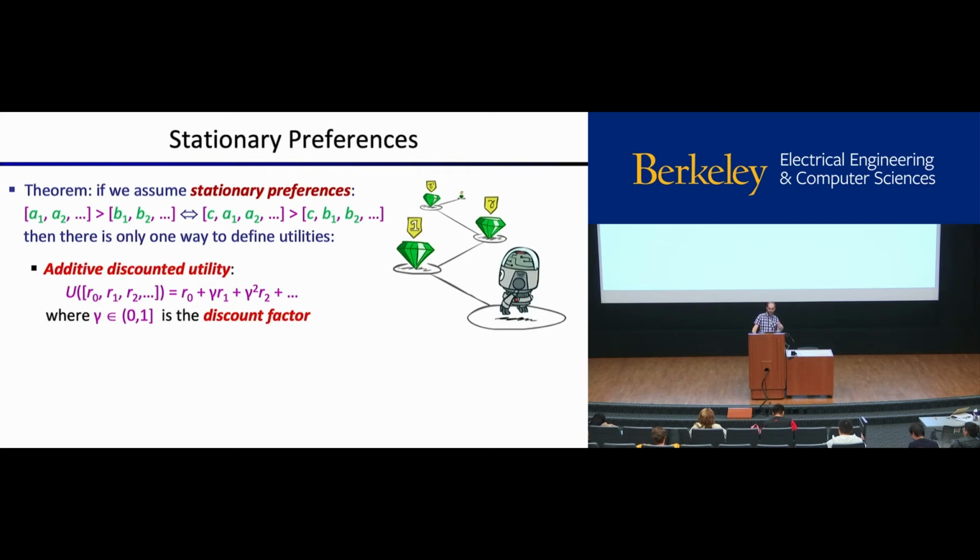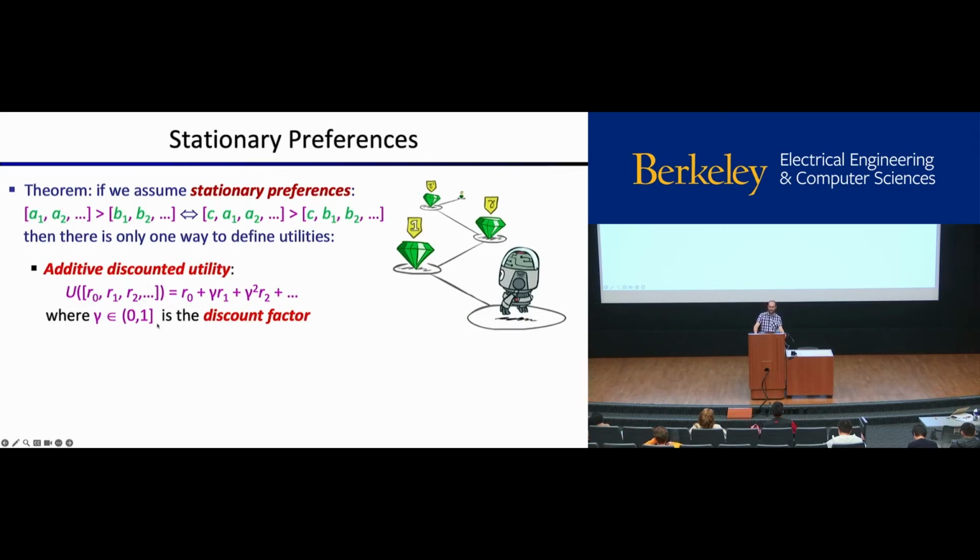Okay. If you make that assumption, then the utility function has the following constraint. The utility function of a sequence of rewards, basically, utility is assigned to each of these prizes. It must take the following form. You basically have to care about the first one some amount, the next one by gamma times that amount, the next one gamma squared times that amount, gamma cubed, gamma to the fourth, and so on, where gamma is some number between 0 and 1.